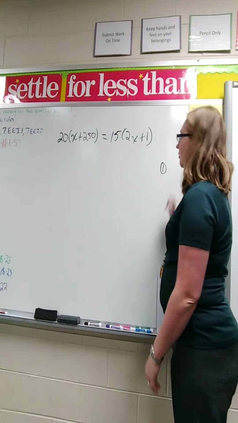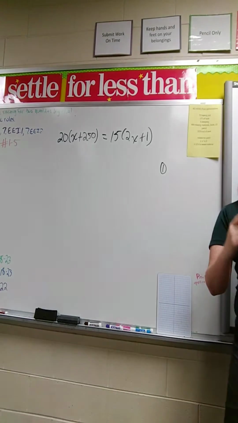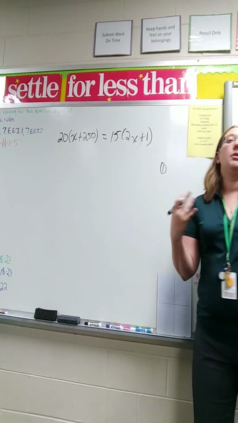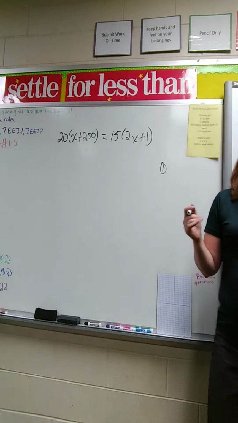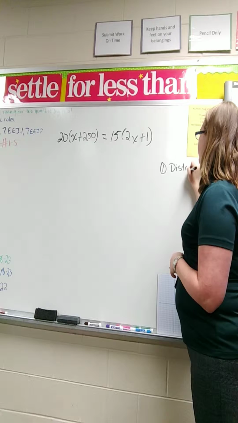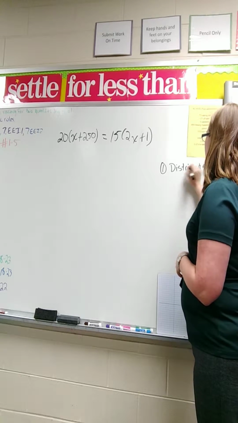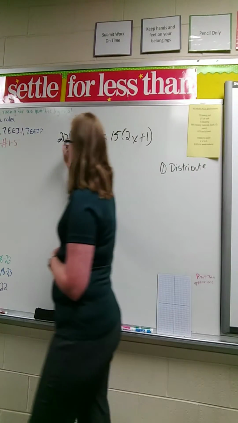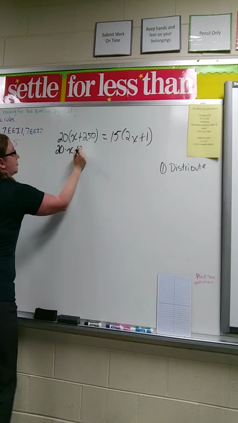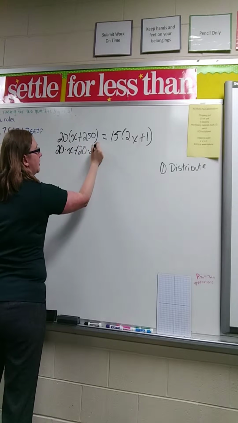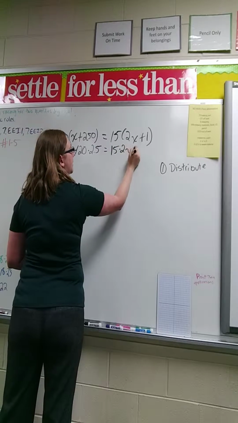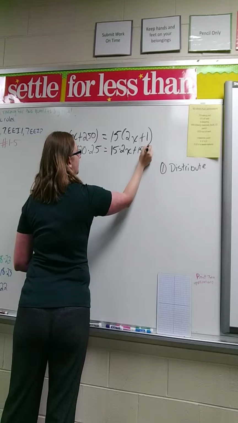So I'm going to start a little checklist. Start with this, then this, then this, then this. If something doesn't apply, skip that step. So step 1, we're going to distribute. So that means that I have 20 times x plus 20 times 2.5 equals 15 times 2x plus 15 times 1.